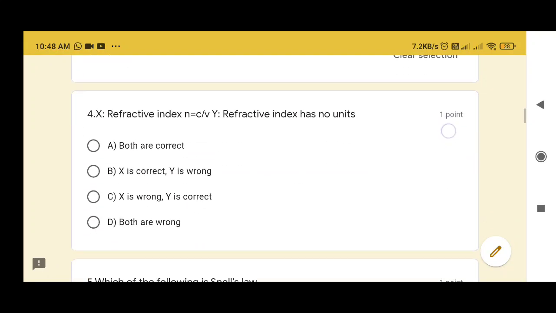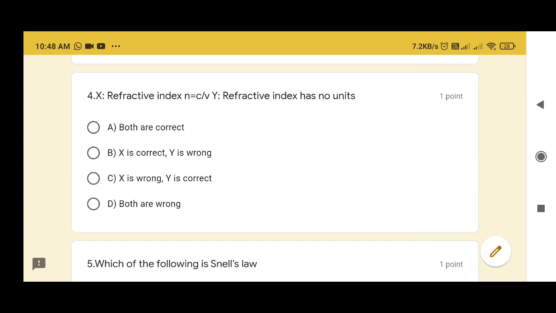Fourth one: X, refractive index n equal to c by v. Y, refractive index has no units. The refractive index formula n equals c by v is correct. Refractive index is a ratio, so it has no units. So both are correct. A is the right answer.